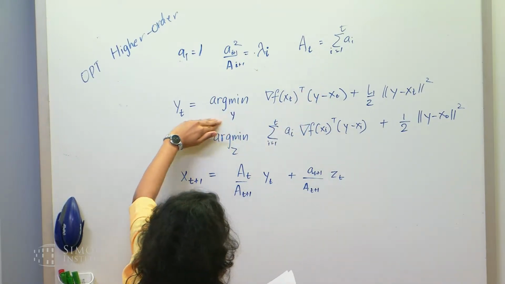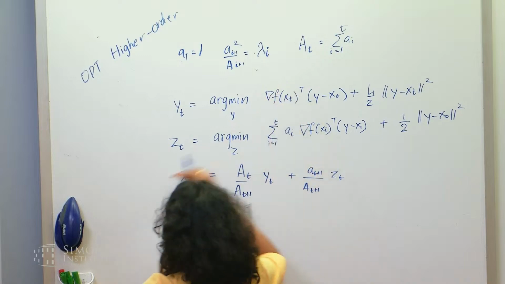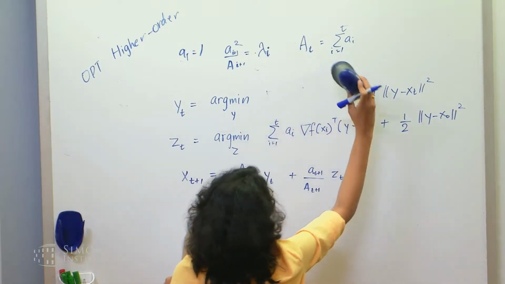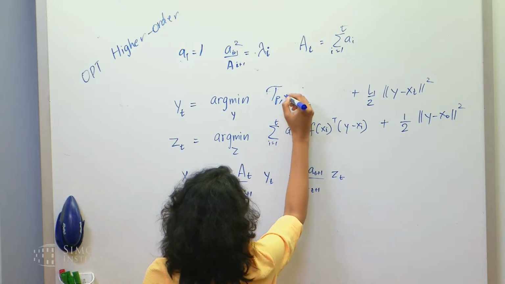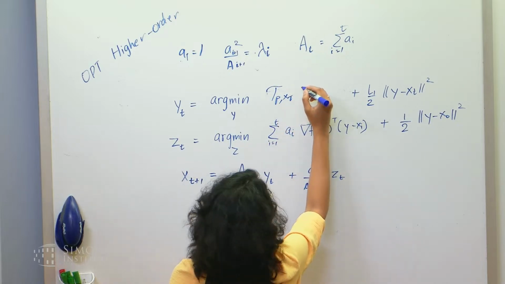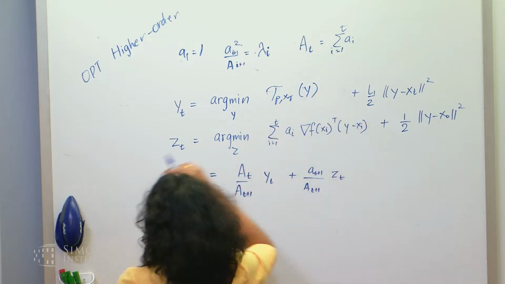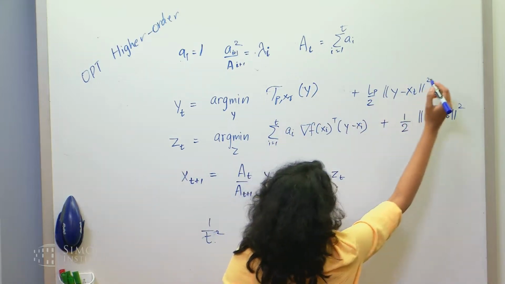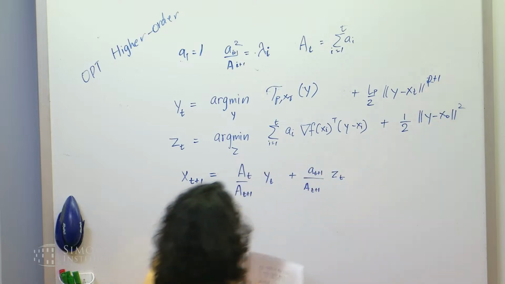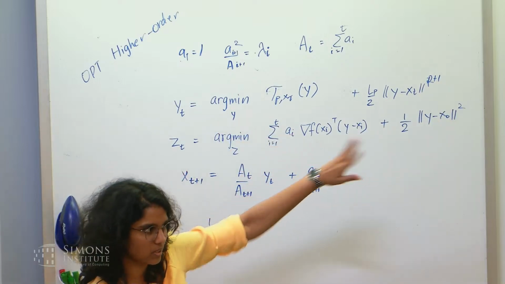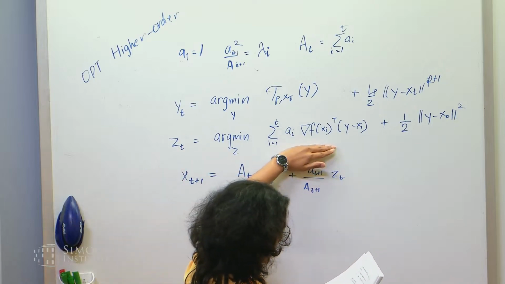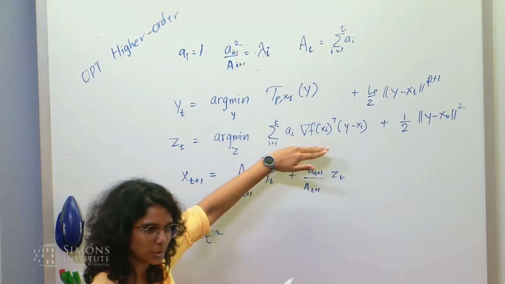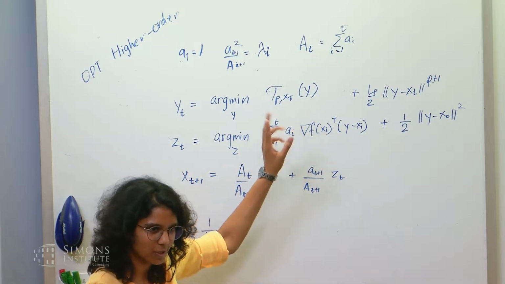The next thing, so this part, let me change this, scalar. Okay, so this part still remains the same as the non-optimal one, and this one remains like this. So this is the same as the first order one.